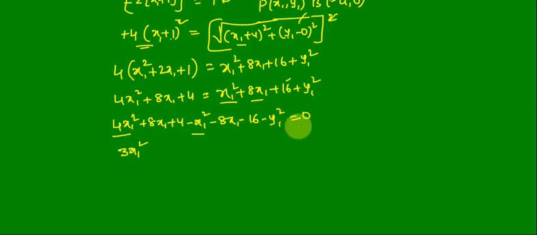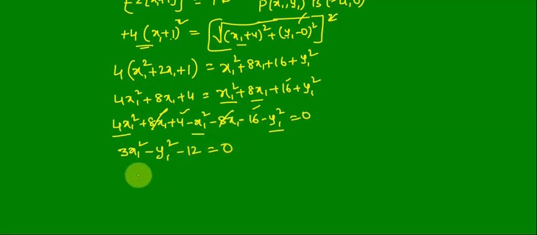Now comes the y1² terms. Only one term is there, that I'll write as it is, y1². Now comes the x1 terms: plus 8x1 minus 8x1 gets cancelled. Then comes the constant terms, here plus 4, here minus 16, so it will become total minus 12, isn't it? Plus 4 minus 16 is minus 12.